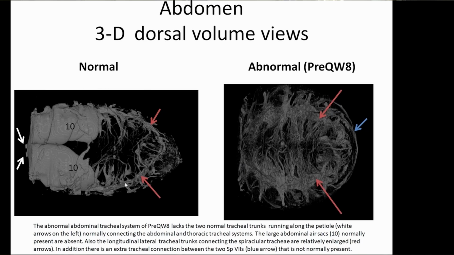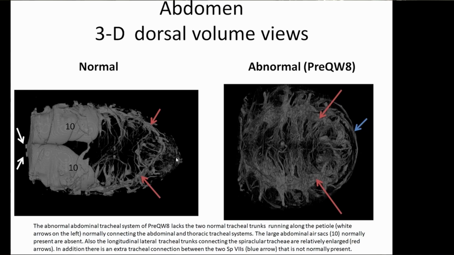The lateral trunks are abnormally wide. There are no large abdominal sacs, 10, and in addition, between the spiracles number 7, there is an extra commissural trachea.